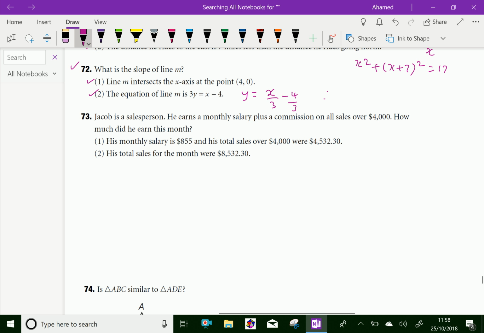Here we know the general equation of a line in slope form, y equals mx plus c, where m is the slope. Here the slope is 1 over 3, because the coefficient of x is 1 over 3. So statement 2 by itself is enough to solve the problem. Statement 1 we cannot use, so this is option B, meaning statement 2 can be used but not statement 1.